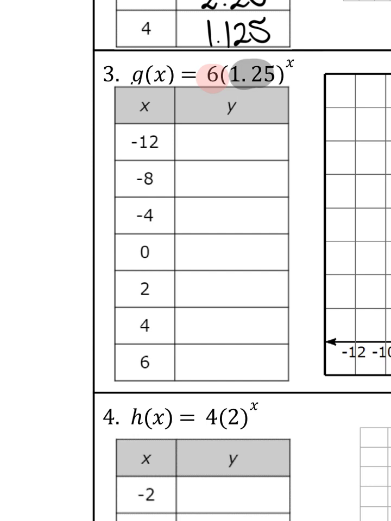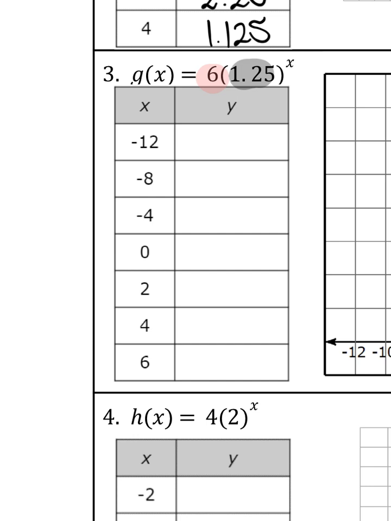Now on our paper it says that we start with -12, and in the chart it says we start with -2. So I'm simply going to start that over with -12, and then for my next number it says -8, and then my next number says -4, and then 0, and then 2, and then 4, and then 6.